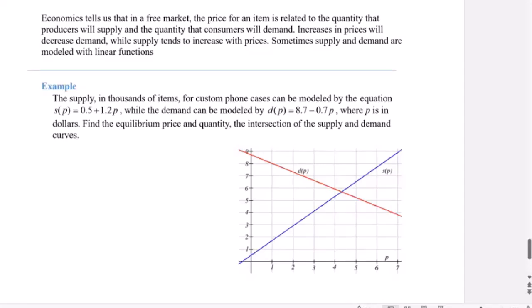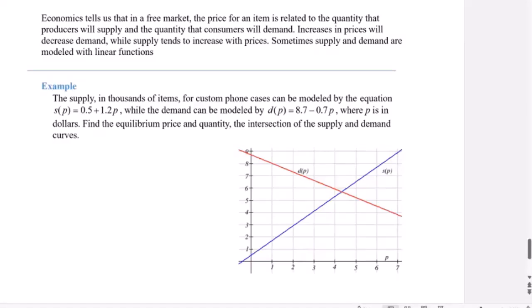And then the supply function, well, I'm only going to supply enough that people are going to buy it. And I have to make sure that supply and demand have some point of intersection.